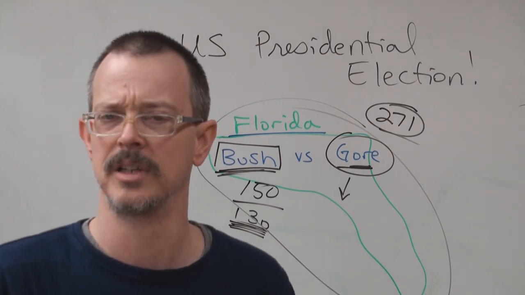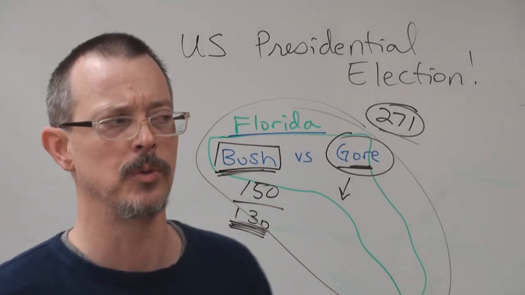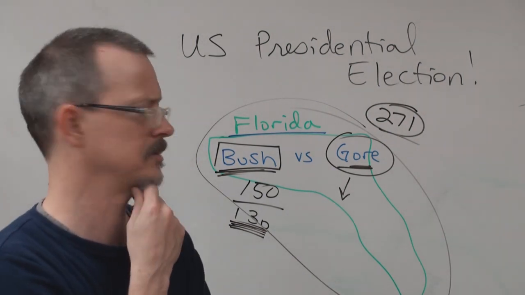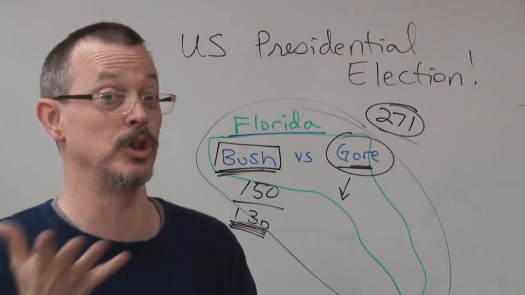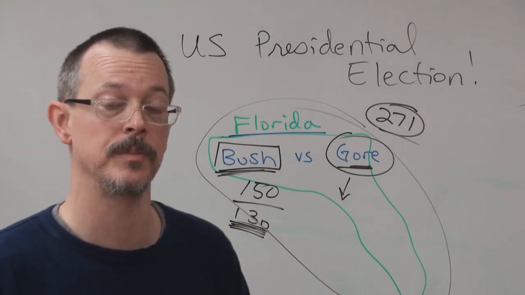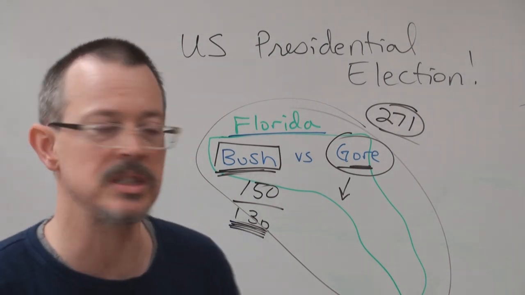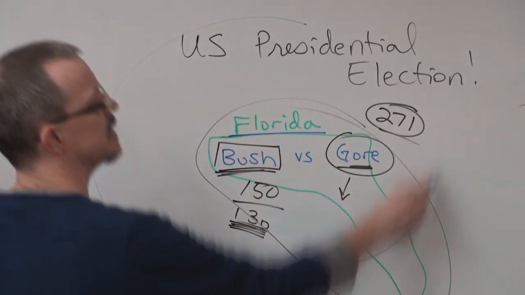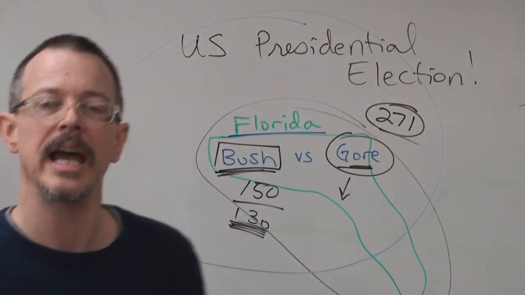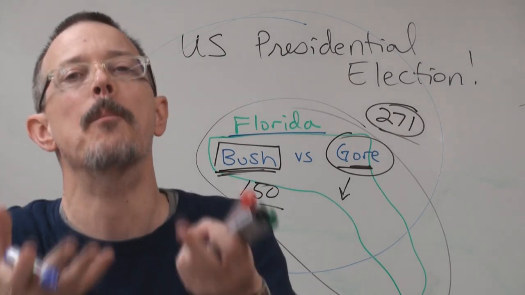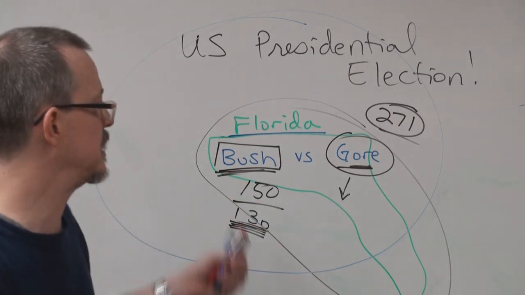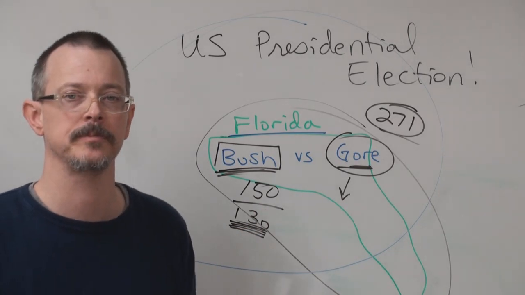Also at the time, Bush's brother was the governor of Florida. Did that help? I don't know. Would the world be different? I don't know. But also, what's interesting is Al Gore, for all of the United States, actually received more popular votes than he received electoral votes.